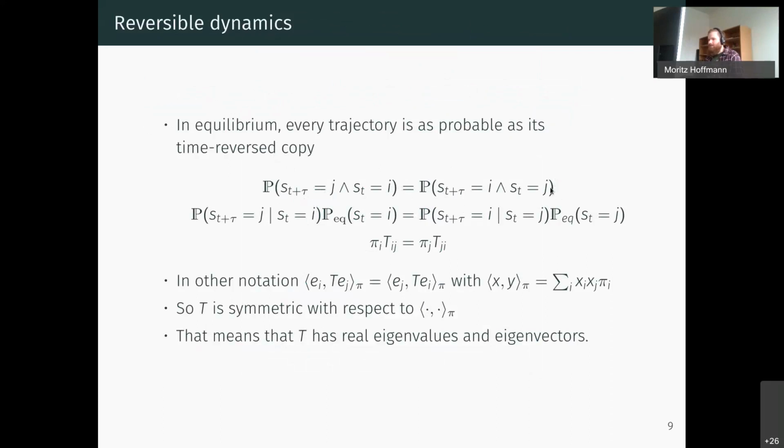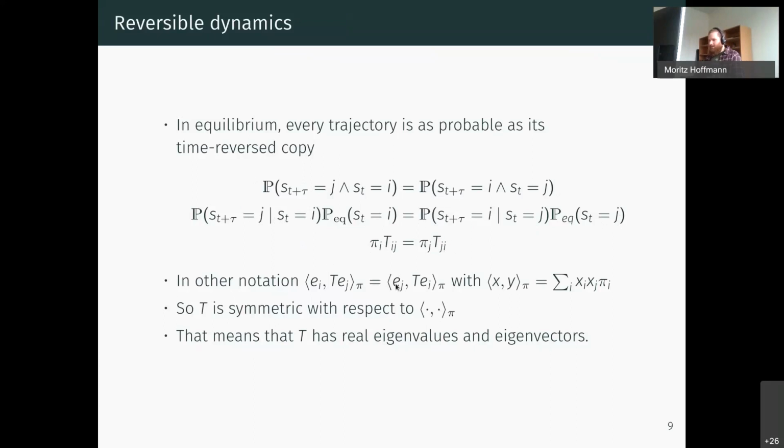Now we can rewrite this in terms of conditional probabilities. So given we start in state i and we go to state j times equilibrium probability, this is the same as starting in j going to i times equilibrium probability of j. Or in other words, pi_i T_ij equals pi_j T_ji.